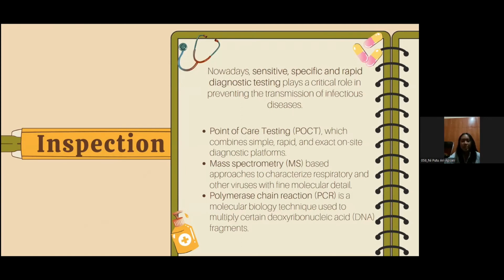First, point of care testing, or POCT, which combines simple, rapid, and exact on-site diagnosis platforms. Second, a mass spectrometry-based approach to characterize respiratory and other viruses with fine molecular detail. And the last one, polymerase chain reaction or PCR, is a molecular biology technique used to multiply certain DNA fragments.